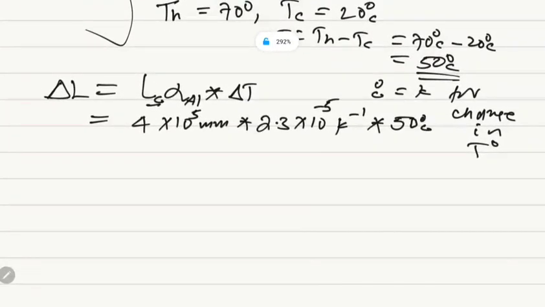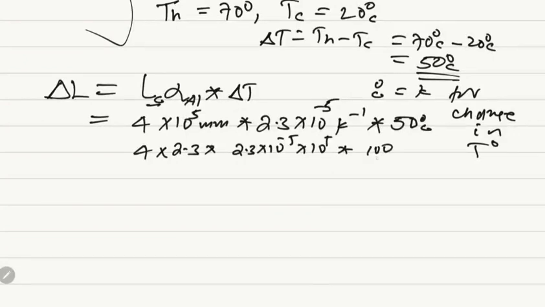All right, now let's simplify this. You can write this as 4 times 2.3 times 10 to the power of minus 5 times 10 to the power of 5 times 100 over 2.